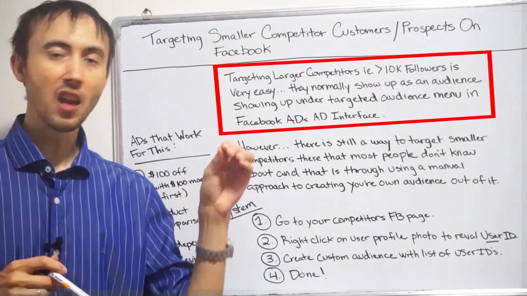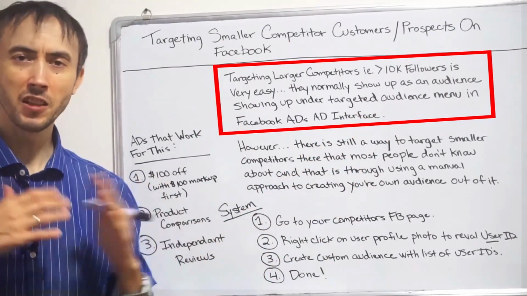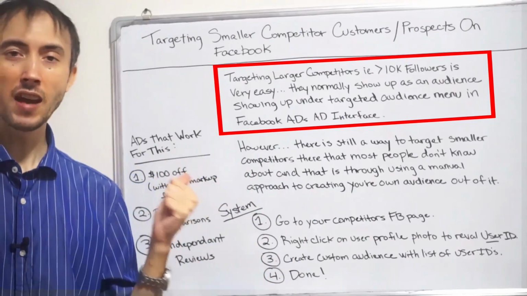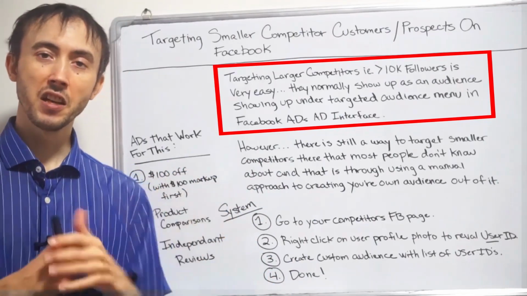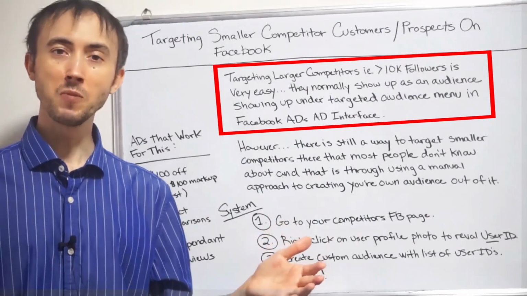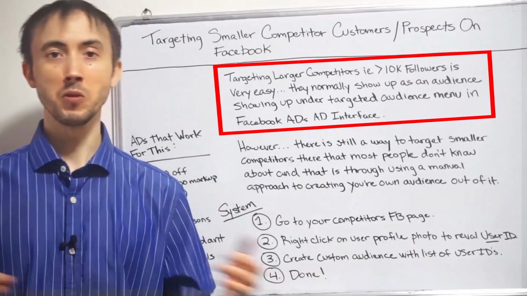With that, this isn't clear cut, but if a competitor has more than 10,000 followers, it'll let you target that competitor, given it has a big enough audience for Facebook to have bothered setting up an audience for you to specifically target.